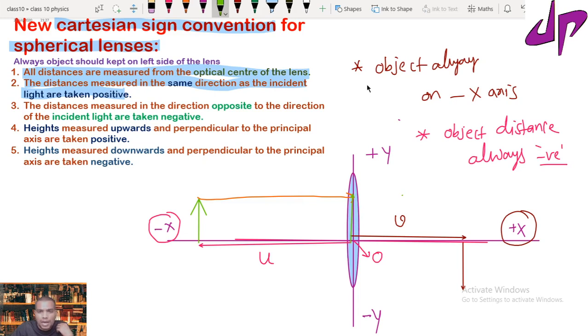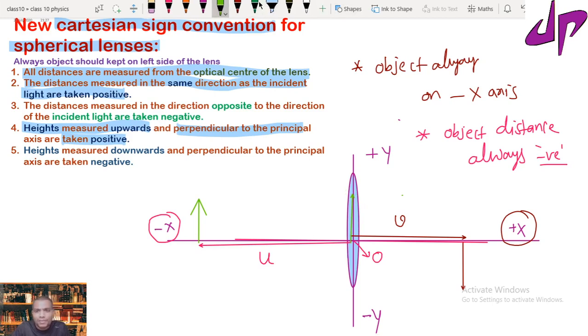This height is along the positive y-axis, so the height becomes positive. As a rule, heights measured upwards, perpendicular to the principal axis, are taken as positive.